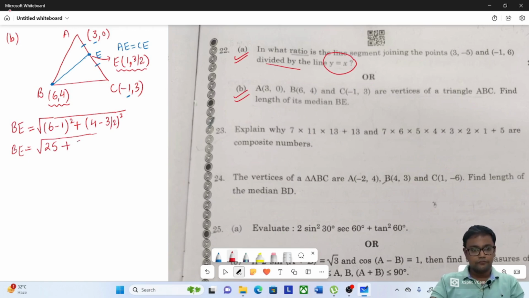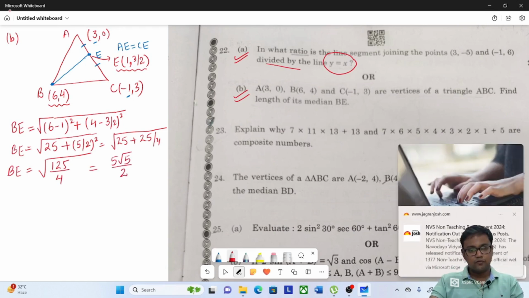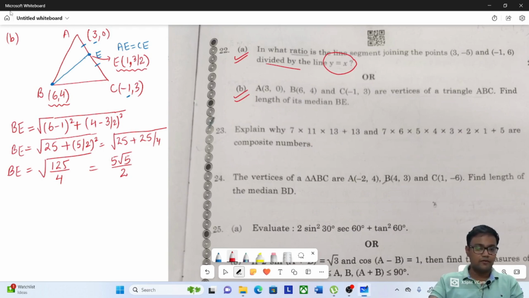So it will be (5 by 2) squared. So 25 plus 25 by 4. By taking the LCM further, children, I may write this as (100 plus 25) by 4, that is 125 by 4, which equals 5 root 5 upon 2 units.